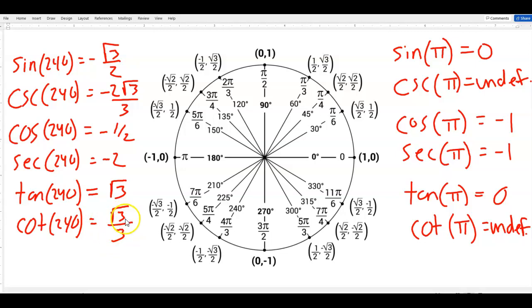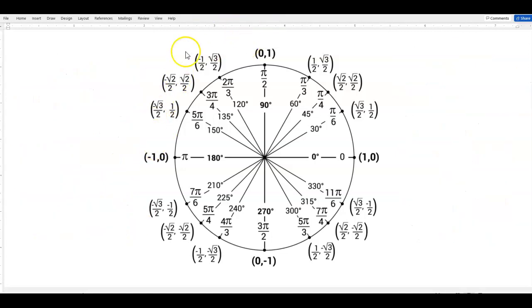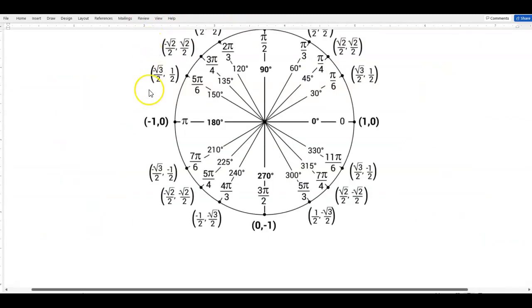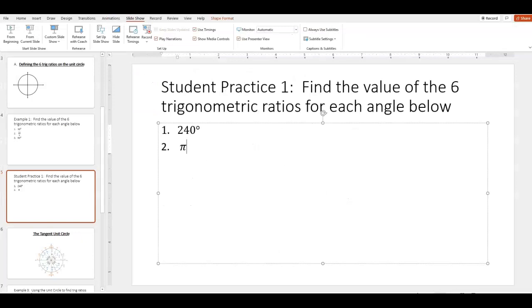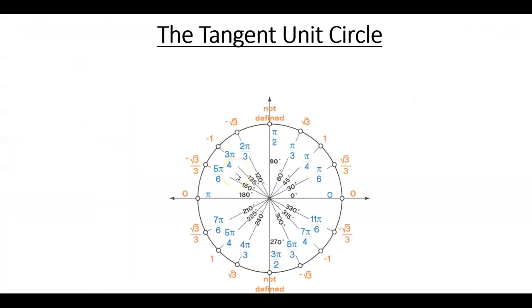Now, before we go on, I want you to know we're going to memorize our tangent values now. So let's look at our next slide, and I'll show you what I mean. Get out your unit circles, and you'll see that at the bottom of your unit circle, I provided you with a tangent unit circle.